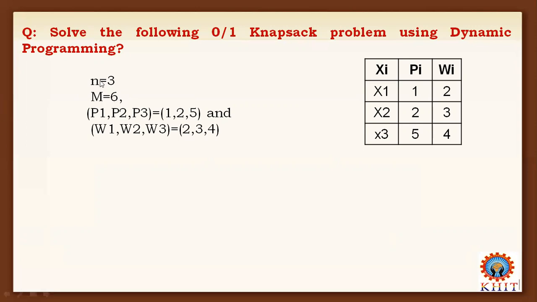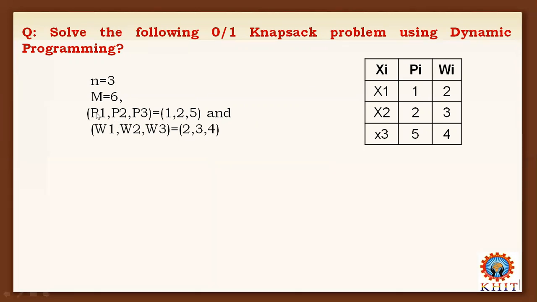And there are 3 instances or items given. Each and every item has its own profit and its own weight. So there are 3 profits given, one for each item.